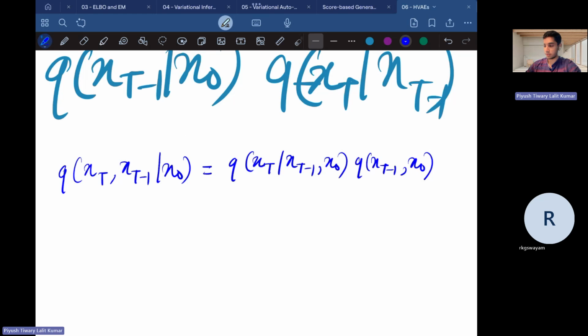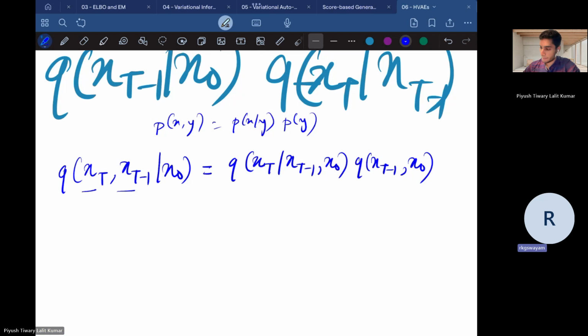This is just like writing p of x comma y is equal to p of x given y into p of y. Is that clear? This is like x, this is like y. Yes. Now, because of the PGM that we have, we know that xt only depends on xt minus 1. Given xt minus 1, it is independent of x naught.